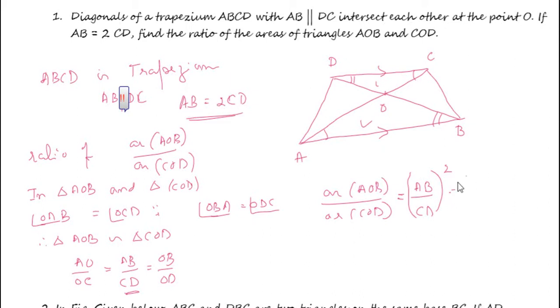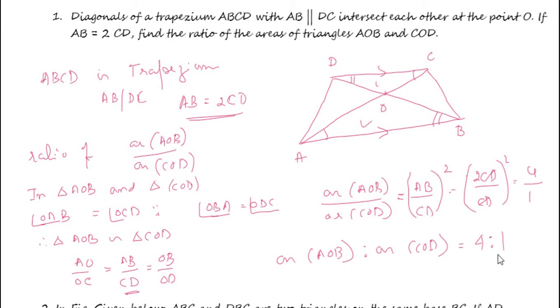Let us substitute for AB in terms of CD here. So it is 2CD divided by CD whole square. CD cancels, so this is 4 by 1. Therefore area AOB is to area COD is equal to 4:1. That is, area of the triangle AOB is 4 times area of triangle COD.